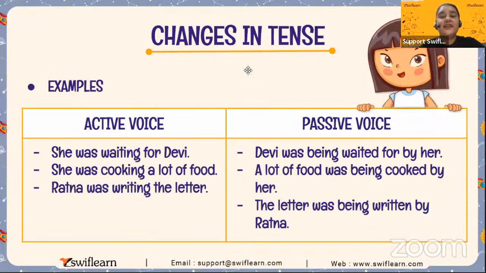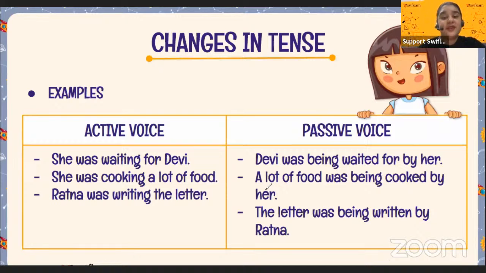Okay, so here we are having the examples. First one, she was waiting for Devi. So Devi was being waited for by her. Then she was cooking a lot of food. A lot of food was being cooked by her. So are you noticing the change?